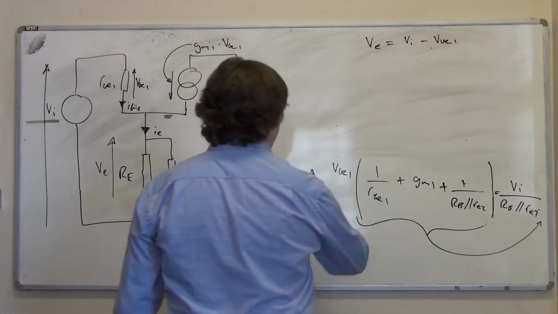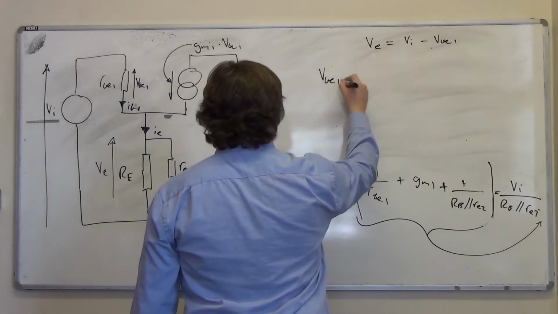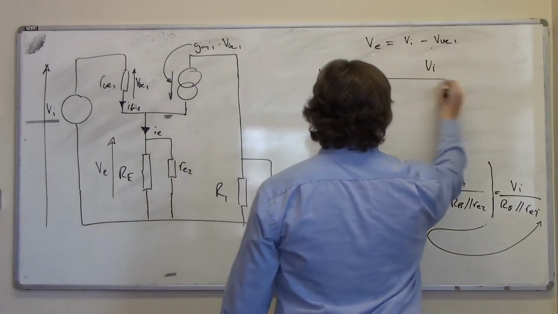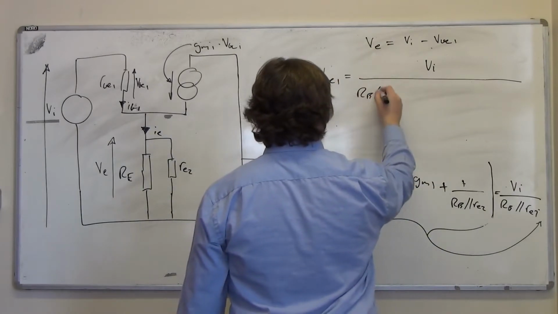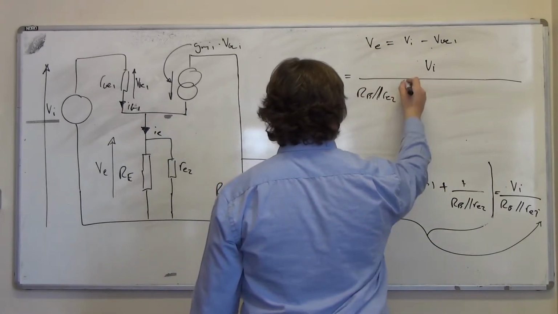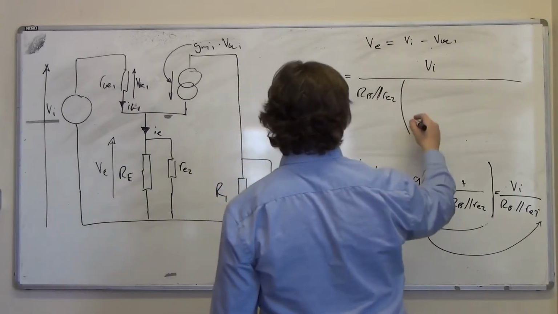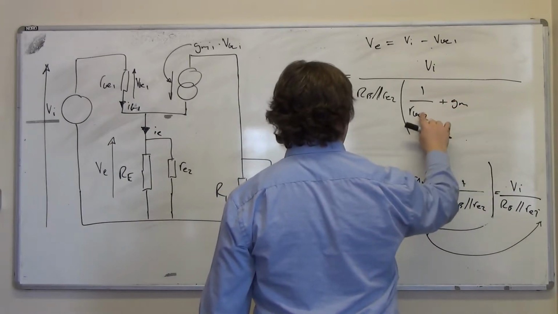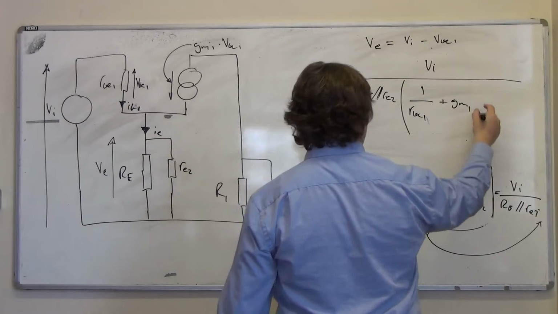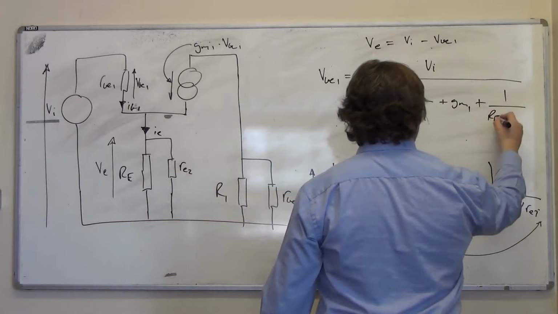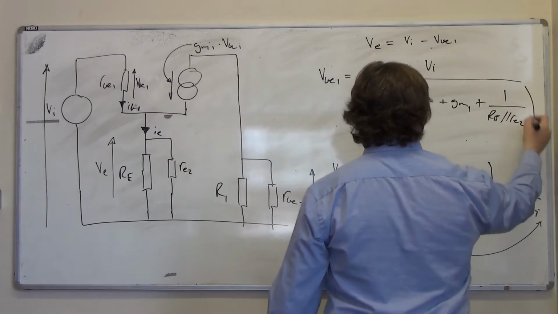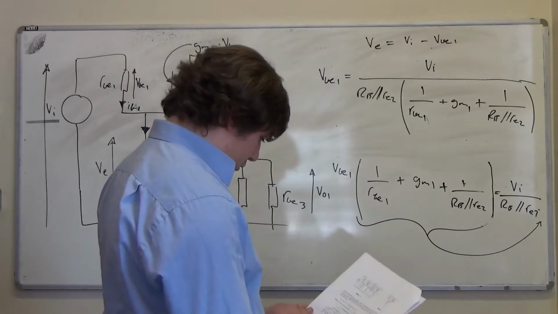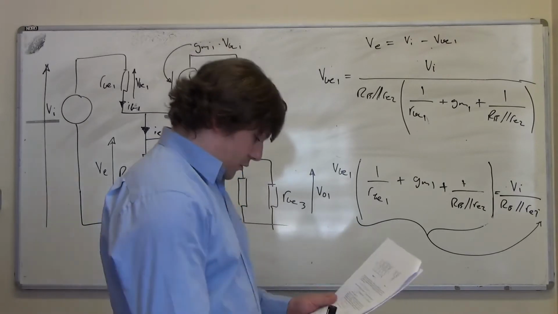So we'll have VBE1 is equal to VI upon RE parallel RE2, open bracket, that's this bracket here I've just opened, 1 over RB2 plus RB1, my bad, RB1 plus GM1 plus 1 over RE parallel RE2, close bracket, which I suspect is what's in the notes. Let's have a look. Yes, it is. That's good.